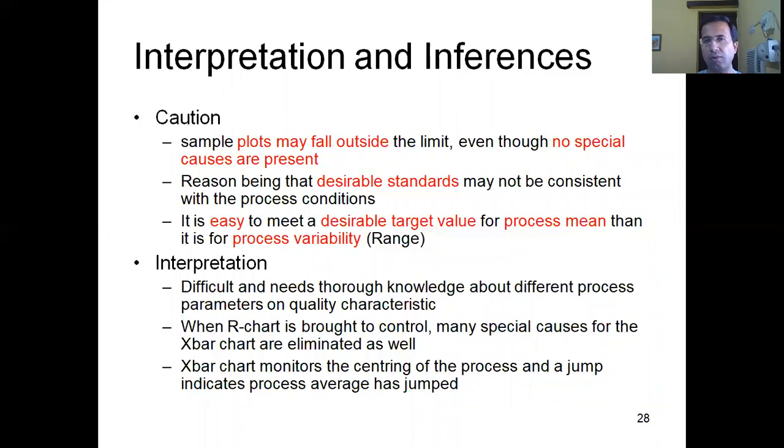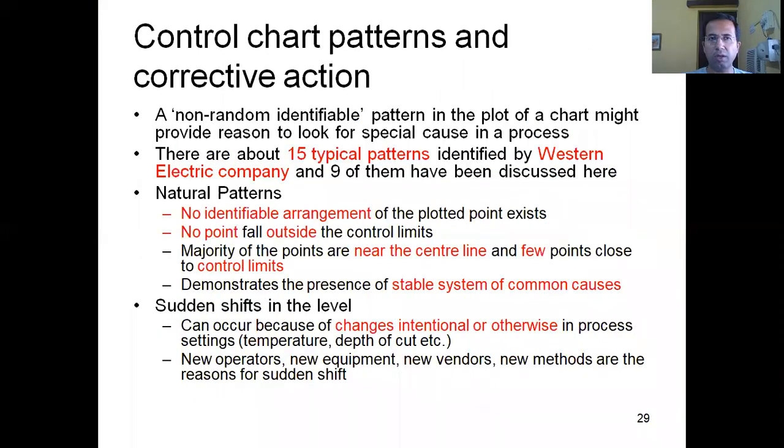A lot of background knowledge is required before you can conclude that a certain point which is falling outside is a special cause of variation. At times you may just end up doing a wild goose chase. So that's what X bar and R charts are.